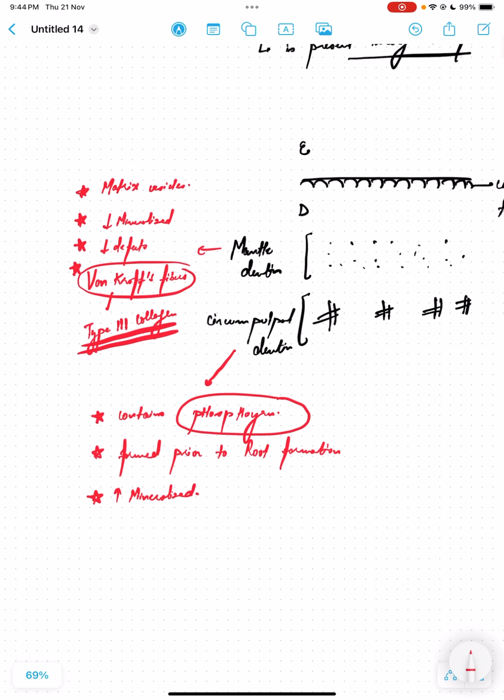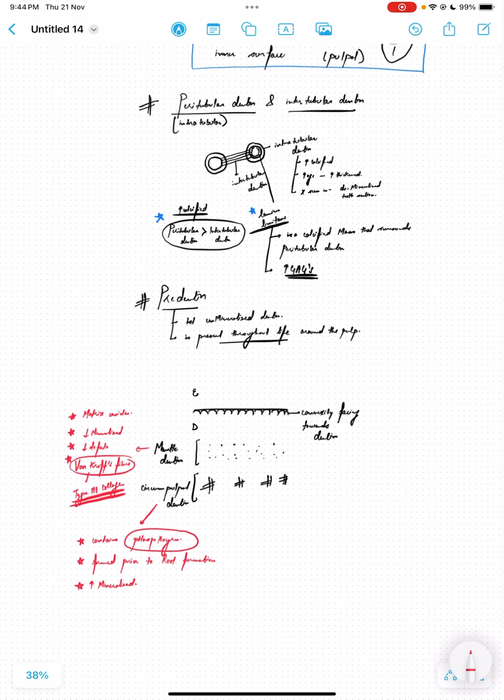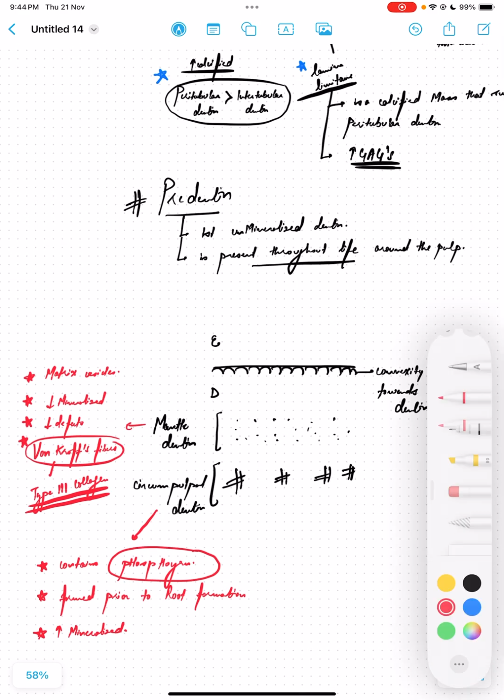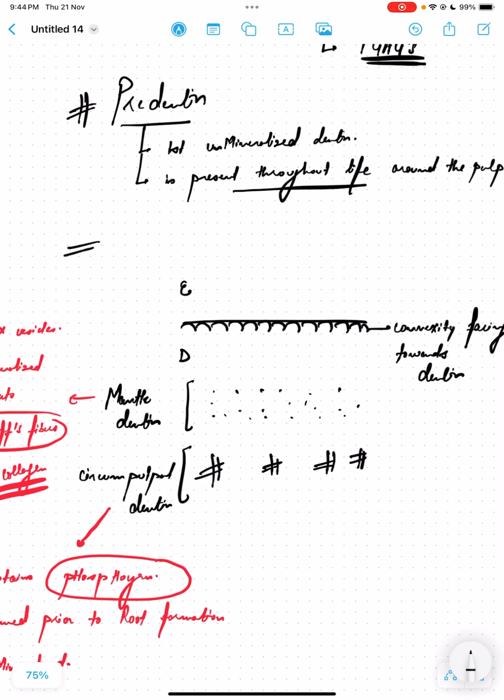Okay, firstly we studied about the peritubular dentine, then about the predentine, then something about the mantle dentine and the circumpulpal dentine.